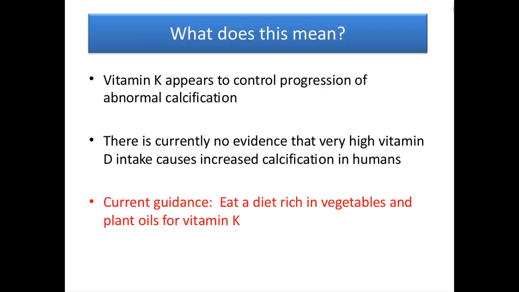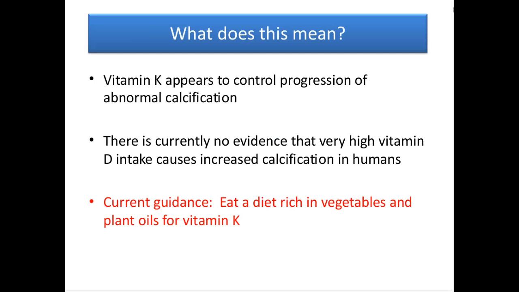So what does this mean? Vitamin K does appear to control the progression of abnormal calcification. Right now, there's no evidence in humans that a very high vitamin D intake causes increased calcification in humans.